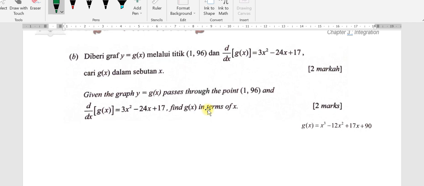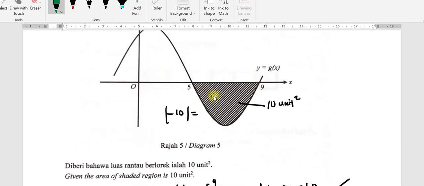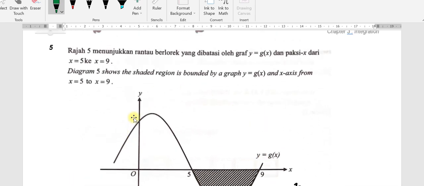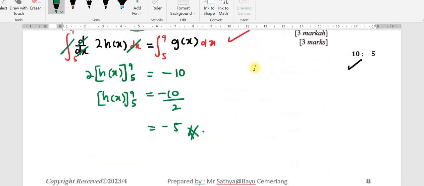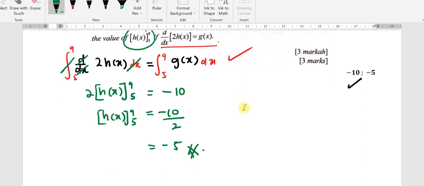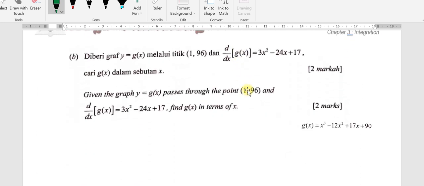Okay, let's move on to part B. Oh, ada part B lagi. Okay. Given the graph y equal to gx pass through the point 1 and 96. Okay, this curve. Dia tak bagi equation dia apa. Okay, tak apa. Where is it? And differentiate the gx, I get like this.